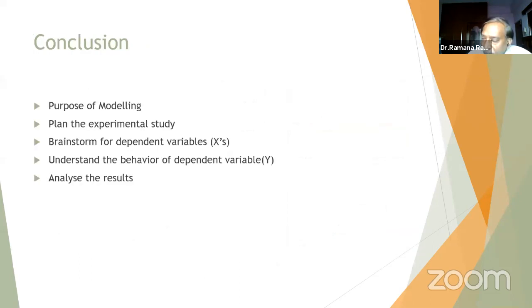So going back, what we wanted to achieve is to do the modeling for understanding the behavior of our research problem, and the modeling can be done using the mathematical domain: logical equations, differential equations, Laplace transforms, or statistics.